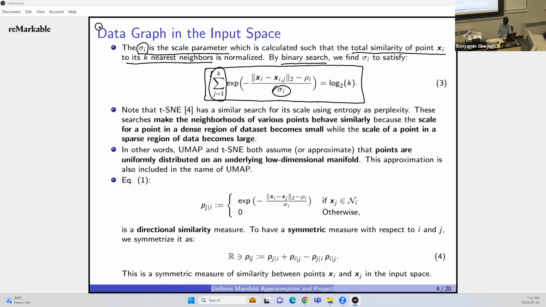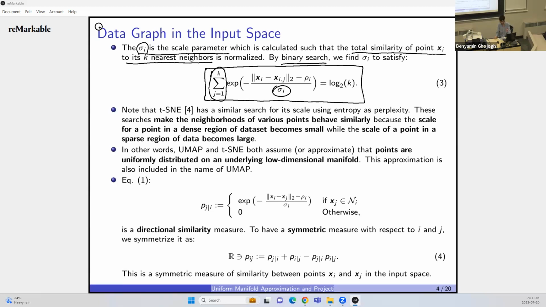It becomes 25. Otherwise, if it has become less than logarithm of k, we go to the second part, which we halve, and therefore we set sigma i to 75. So we can play around with the ranges, and in each iteration we choose that part and halve it until convergence of sigma i.